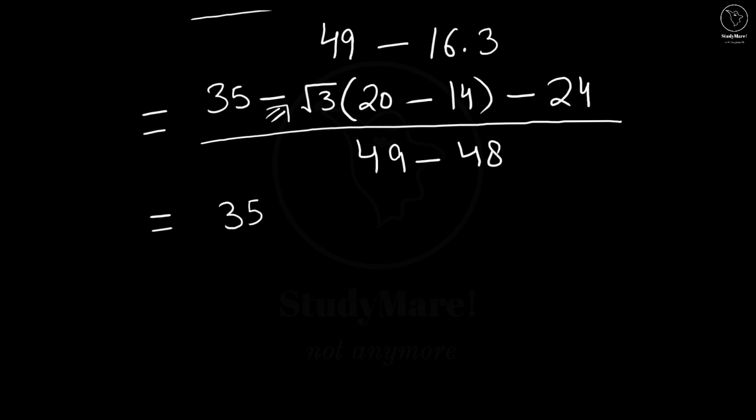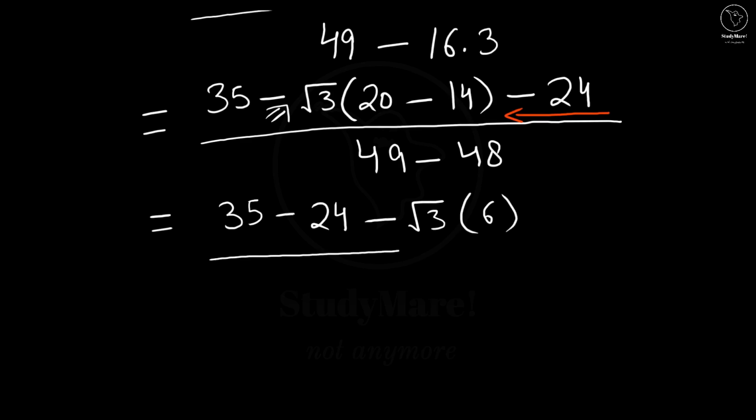We can bring minus 24 over here, so if we write it just after 35, it will be easier to calculate. Then we have minus root 3 into 20 minus 14 gives us 6, divided by 49 minus 48 is 1, which is equal to 35 minus 24 is 11 minus 6 root 3.